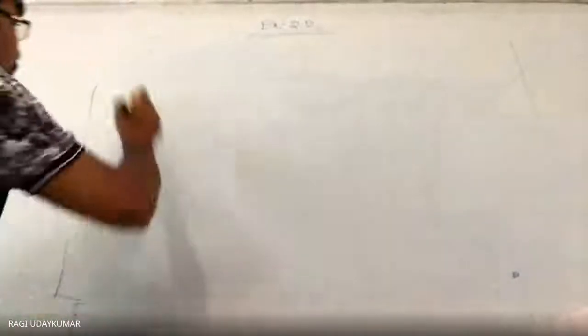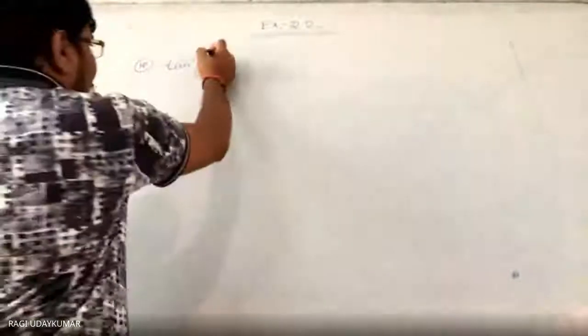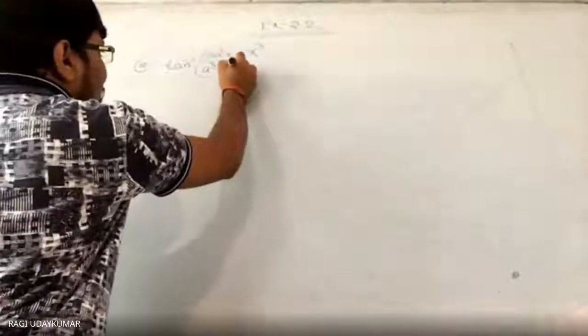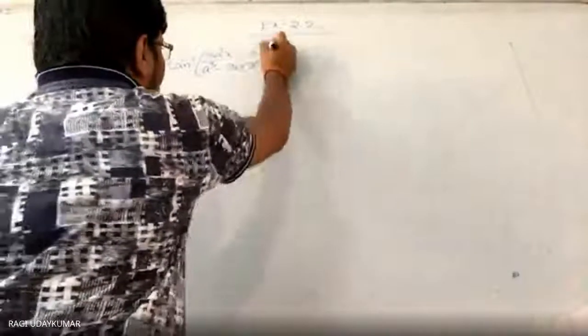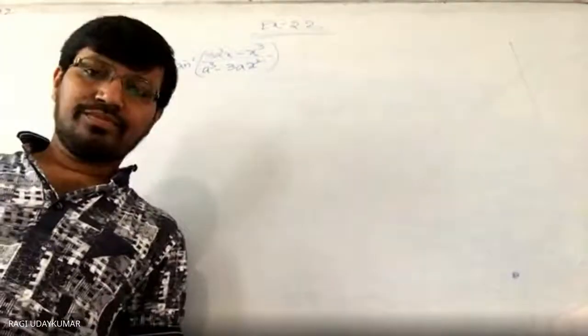Okay. Test 1. Tan inverse of 3a square x minus x cube divided by a cube minus 3ax square. So it looks like in what form?